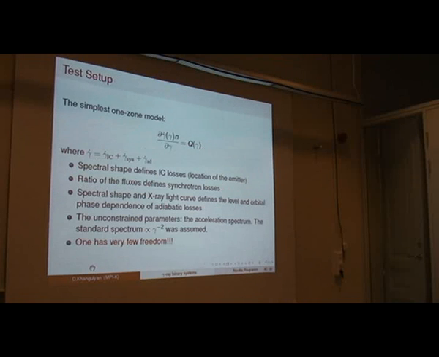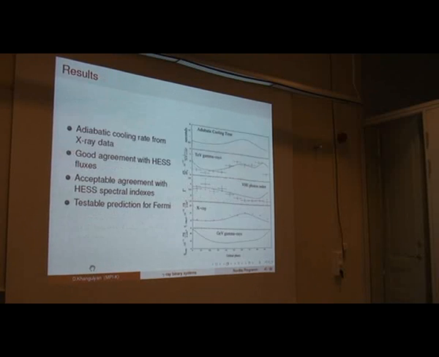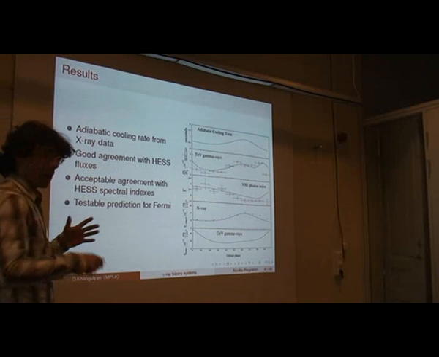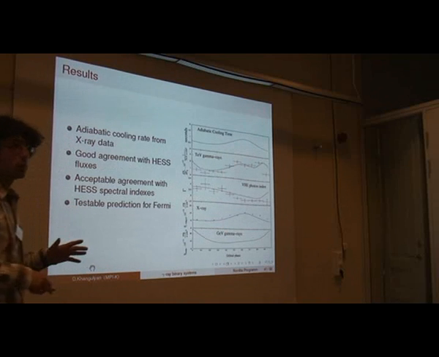We may put this as input into a very simple one-zone model, accounting for adiabatic, synchrotron, and inverse Compton losses. From the observations, phenomenologically, we may define almost all the parameters we need.